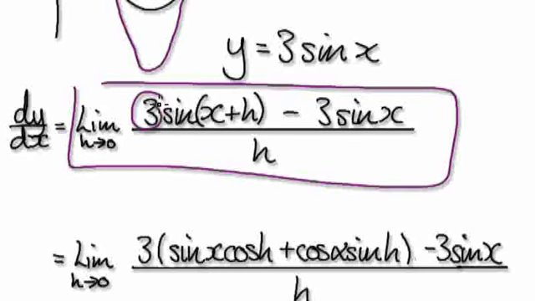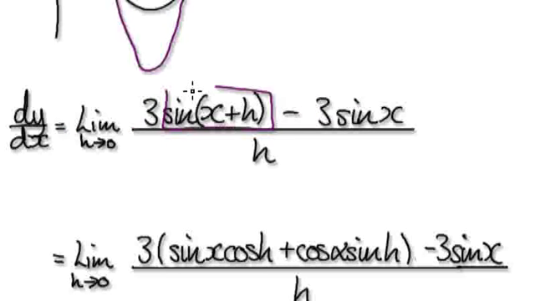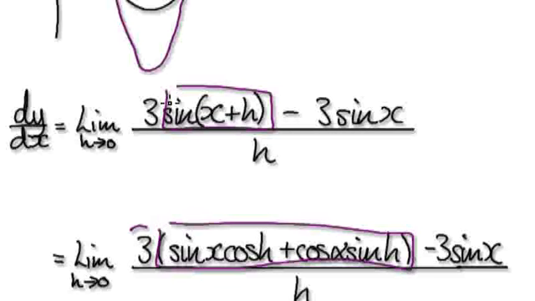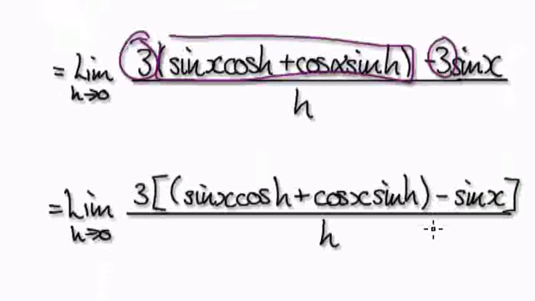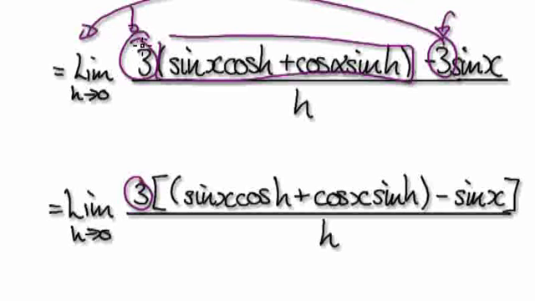And look at the 3, it's still there, even when you use a trigonometric identity. What I'm trying to say is that you can factor out the 3. The 3 is in common here and here. Factor out the 3, and it becomes this.